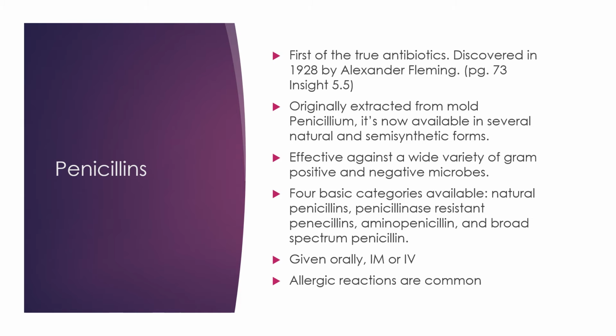It was originally extracted from mold, Penicillium, and it's now available in several different natural and semi-synthetic forms. It is effective against a wide variety of gram-positive and gram-negative microbes. There are 4 basic categories available: natural penicillins, penicillinase resistant, aminopenicillin, and broad-spectrum penicillin.